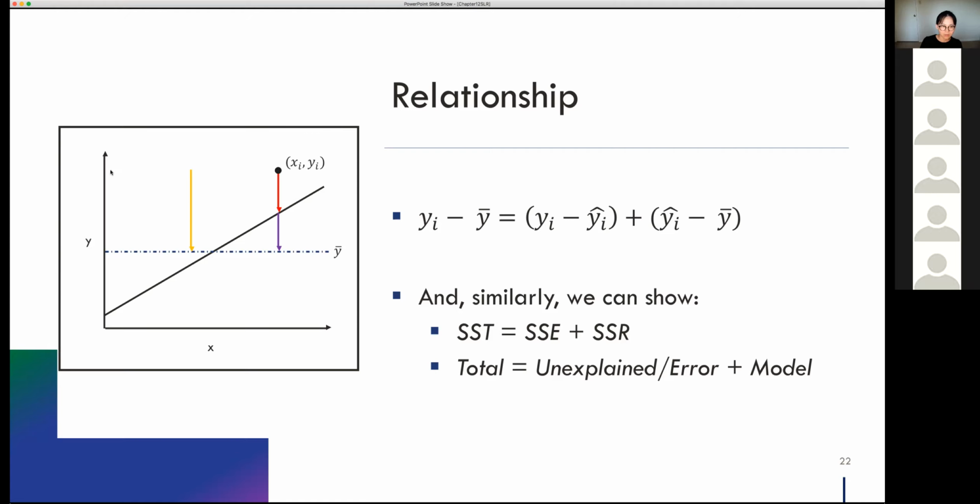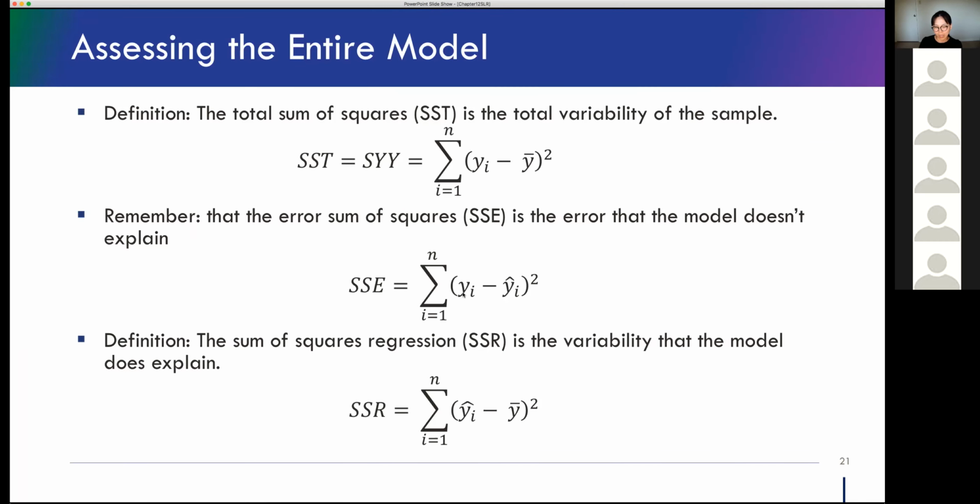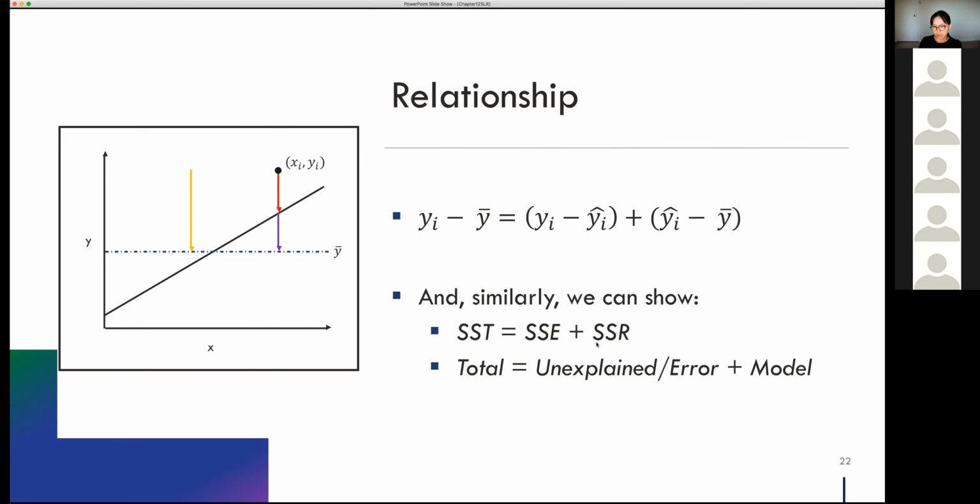So the height, yi minus y bar, is the length of this yellow arrow. This yellow arrow is the sum of these two parts. This one corresponds to the SSE, because this is yi minus yi hat. And this corresponds to the SSR. So that's how they are related.